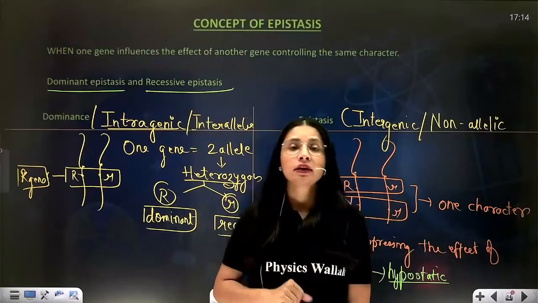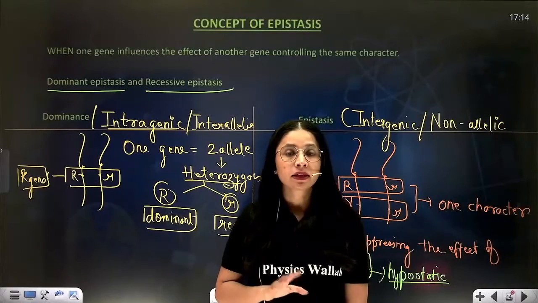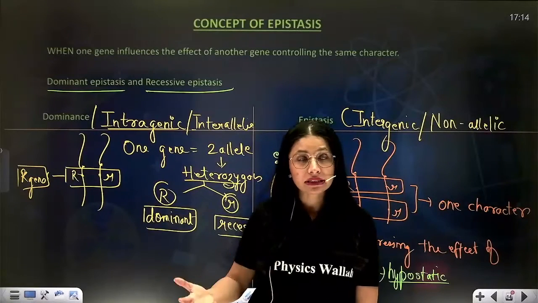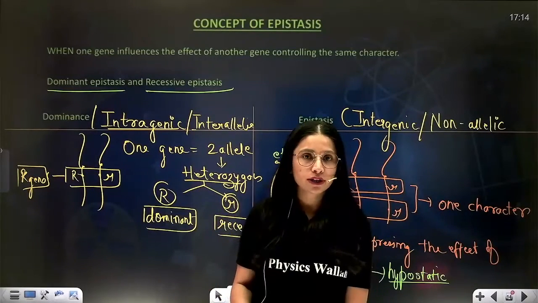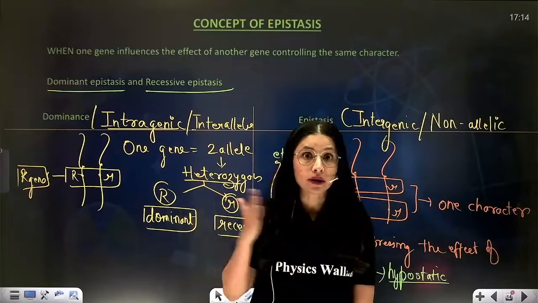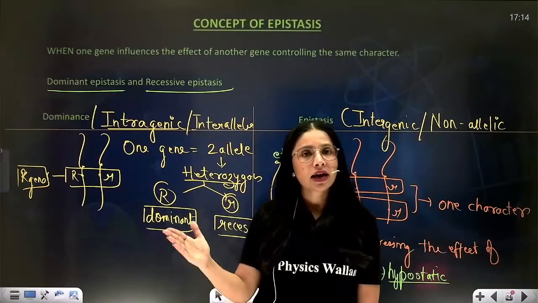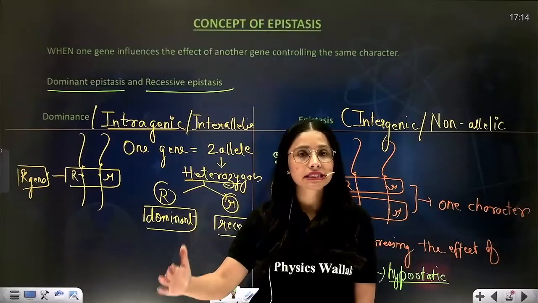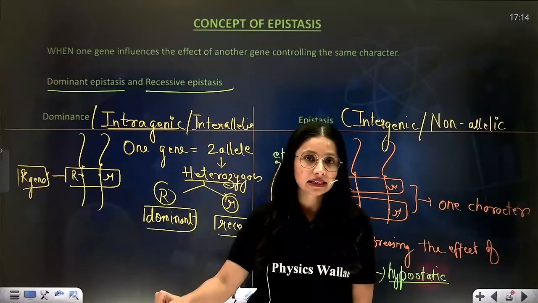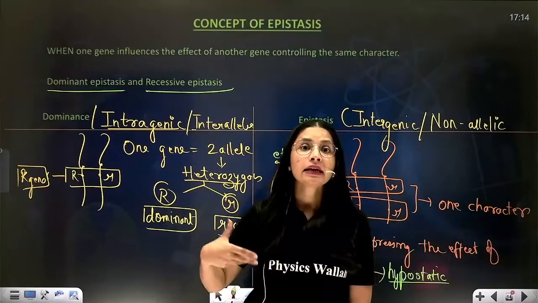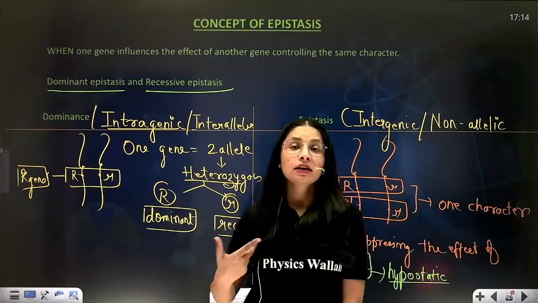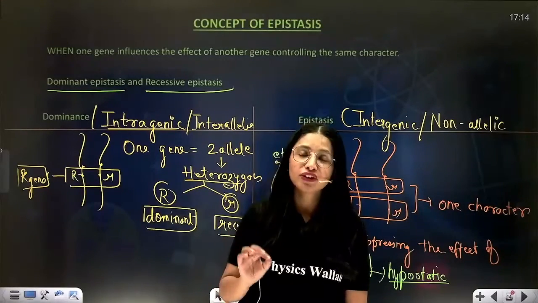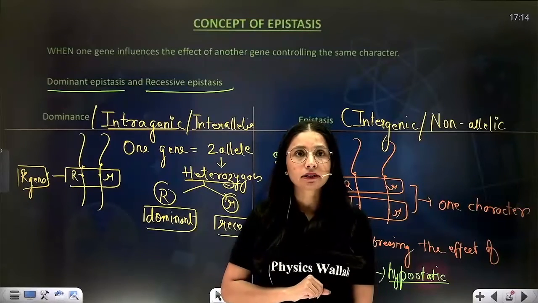Dominant, what is this? What is recessive? Today I am not going to discuss because we have done a lot in the last 3 lectures. I want you all to revise and solve questions till here. In our next class, we will understand more about epistasis and its types with the help of examples.